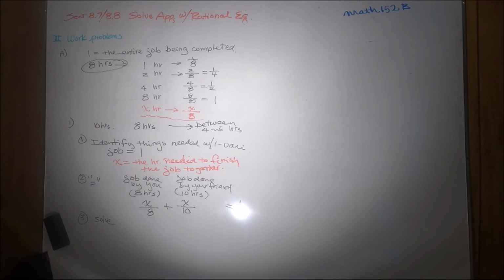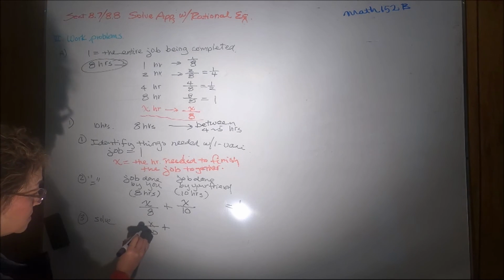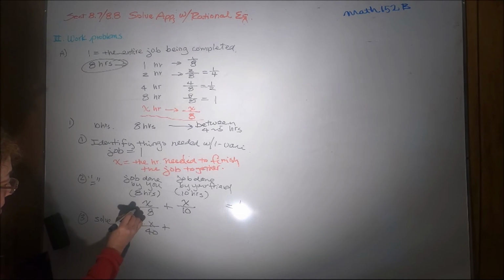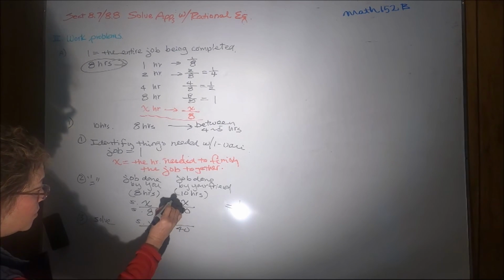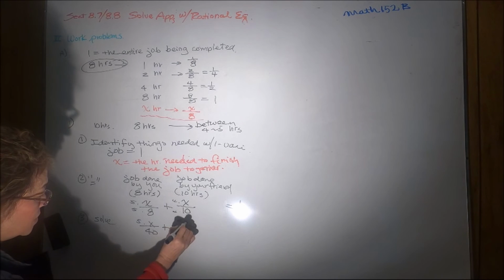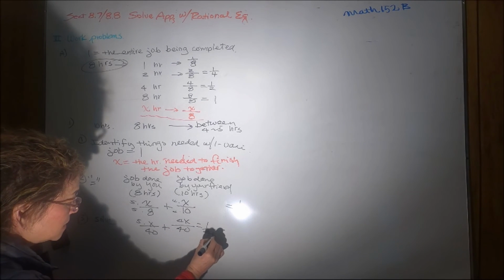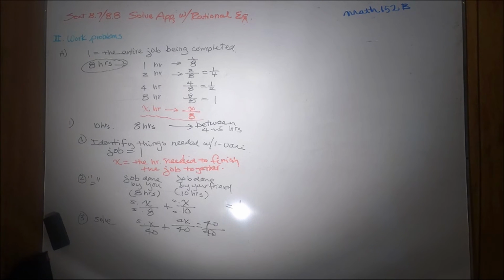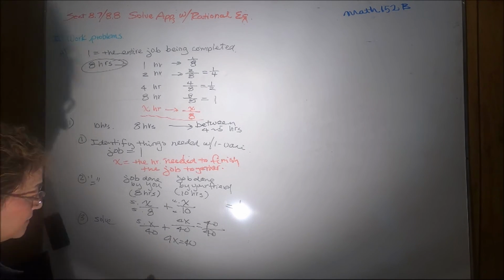So you have a rational equation, then you solve it, right? So you do what? 40x times 5, right? Times 5. Then this 1/40 will be times 4. That would be 4x equals 1. Then we do the 40, that would be 40, right? Then what do we have? 9x equals 40.